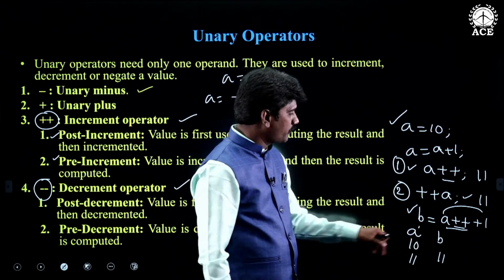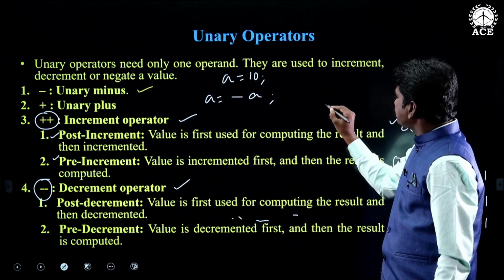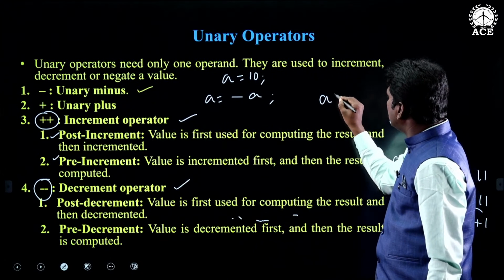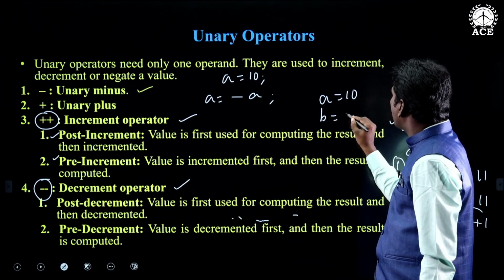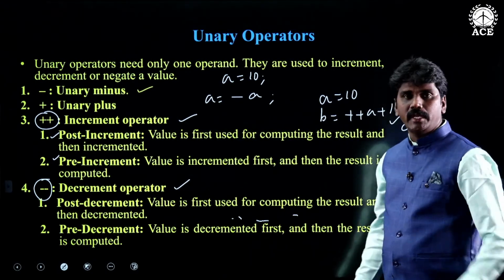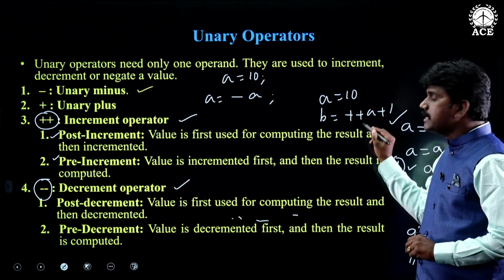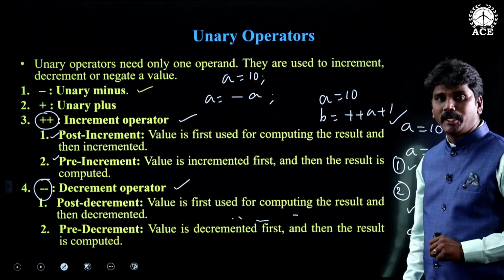That's why the addition is going to be done first, and then only the result is going to be changed. Suppose for the same thing, if we take the statement like a is equal to 10, and for example b is equal to plus plus a plus 1. In that case, how is the effect going to be?